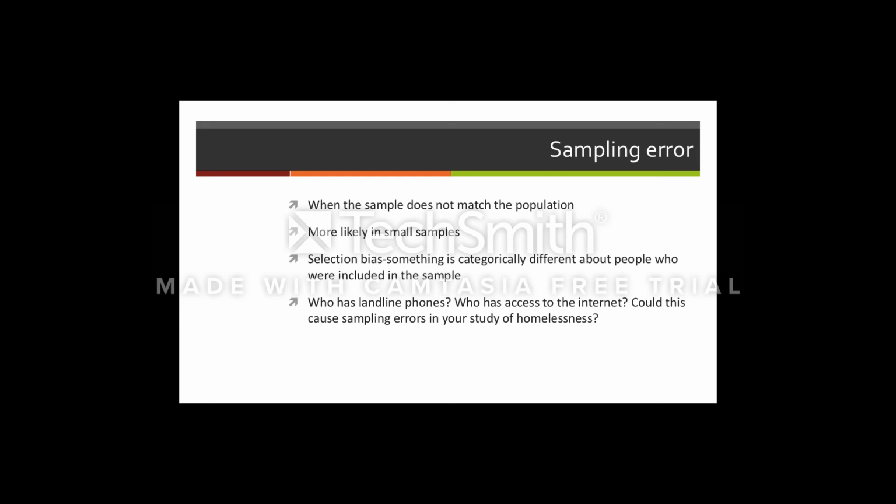Selection bias is a kind of sampling error. We talked about it in the bias screencast. It's when something is categorically different about the people who were included in the sample. So the example I talked about in the bias screencast was if I was doing a study of access to contraception or experiences with contraception, and I was sampling randomly, calling every fifth person who is registered at a clinic, using medical records to randomly select people by medical record number.